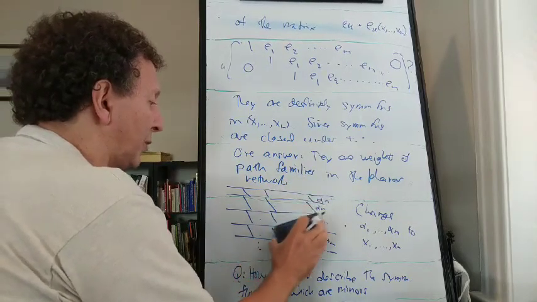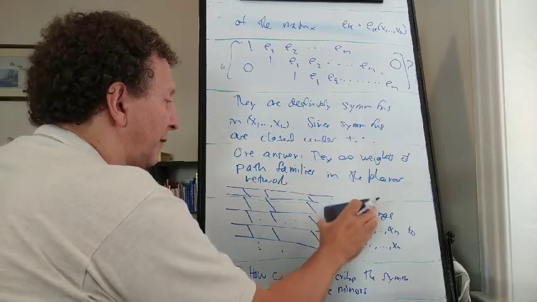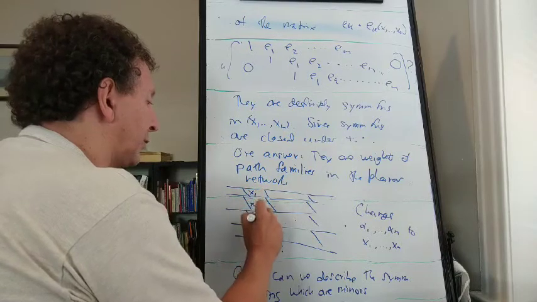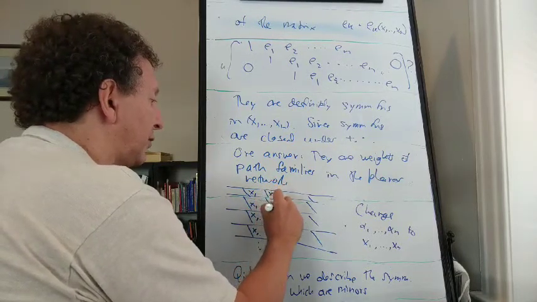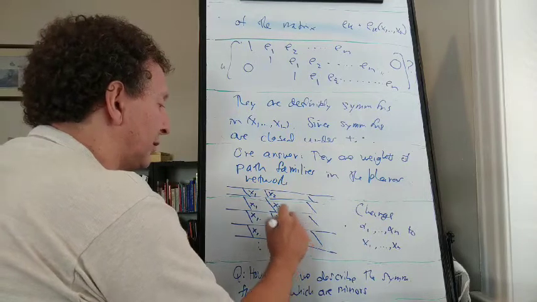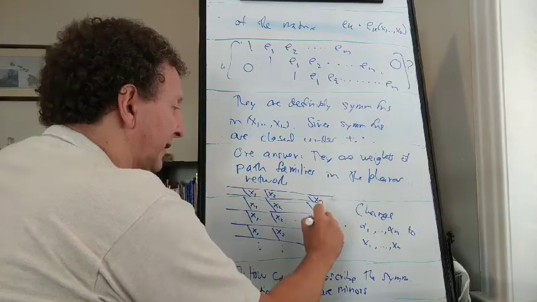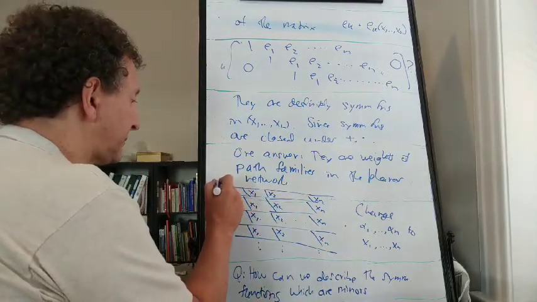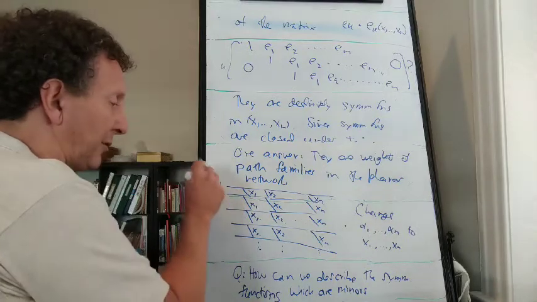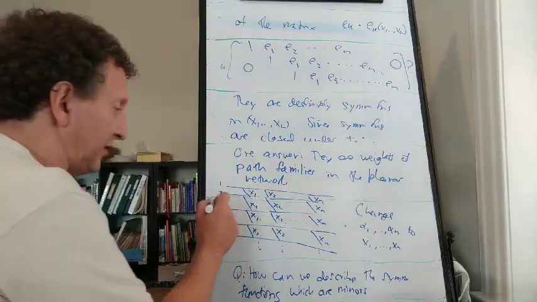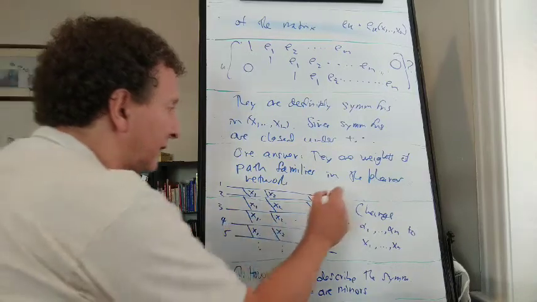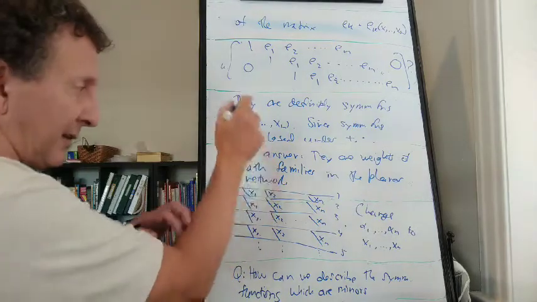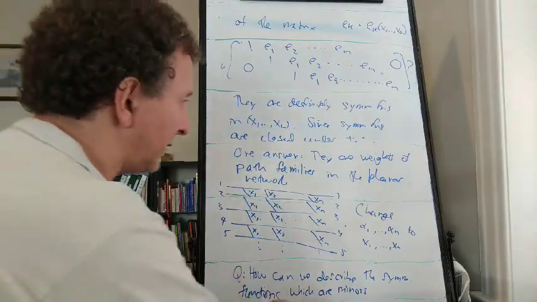So again we've got horizontal edges weighted 1, and then we have these diagonal edges weighted x1, x1, x1, x1, x2, x2, x2, x2, etc. up to xn, xn, xn, xn, and continuing forever downward. I'm thinking of the sources as being numbered from top to bottom here, since this continues infinitely. I guess I could do them bottom to top and write the dot dot dot on top, but that seems a little bit unnatural to me.